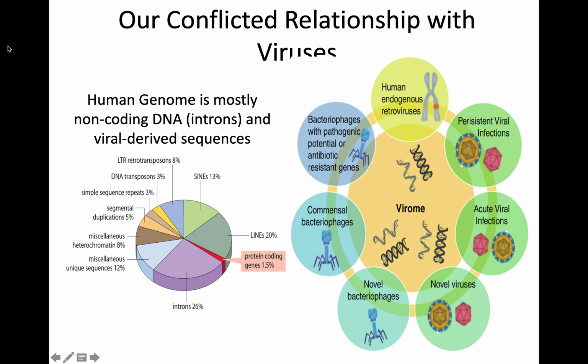So as they go from one bacteria to another, they may be picking up some of these antibiotic resistant genes, which will affect the bacteria, which, if that bacteria infects us and is pathogenic, can be detrimental to us or can cause us harm. So there's more to viruses than just good and bad. There also is some unknown.